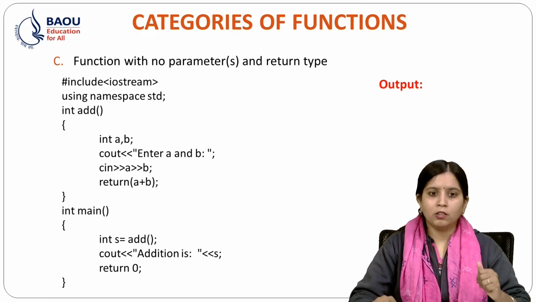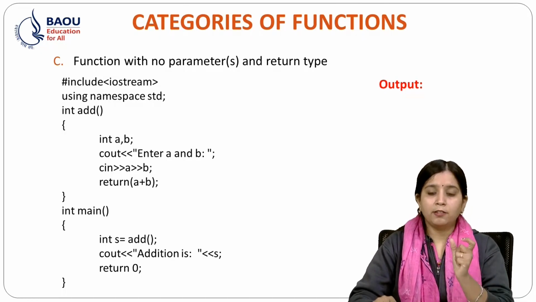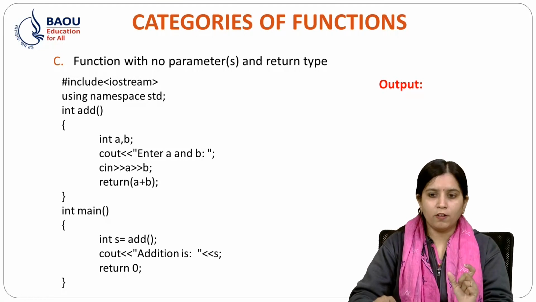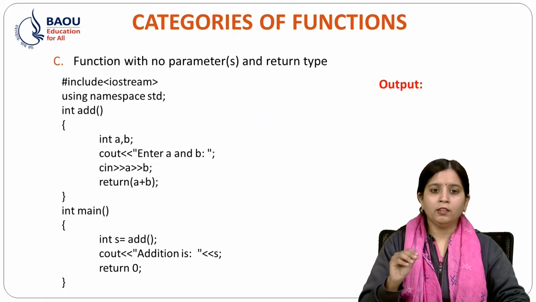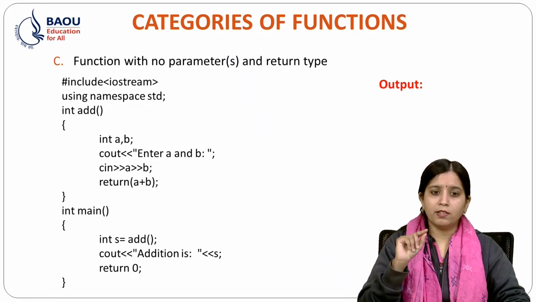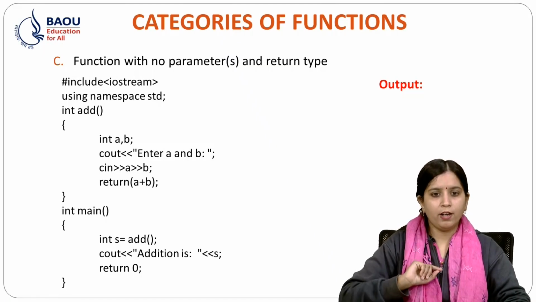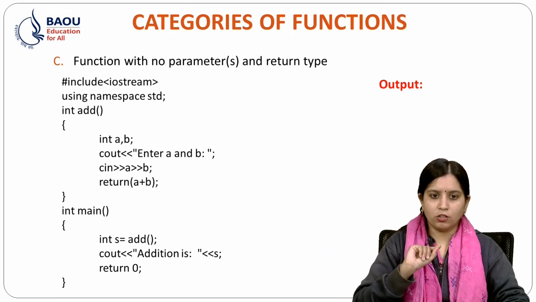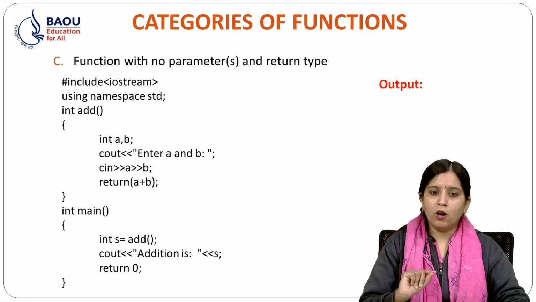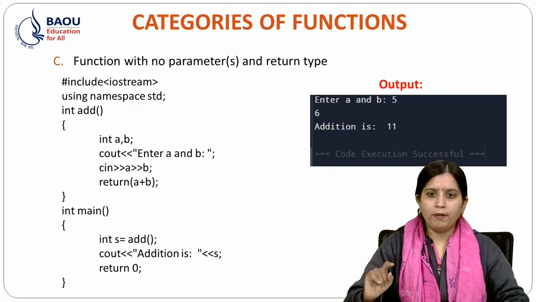Why? Because my function is returning an integer value. Whichever type the function returns, that data type is the same as the variable declared in int main. So int s is equal to add function, and cout addition is s. So 5 plus 6 and addition is 11.